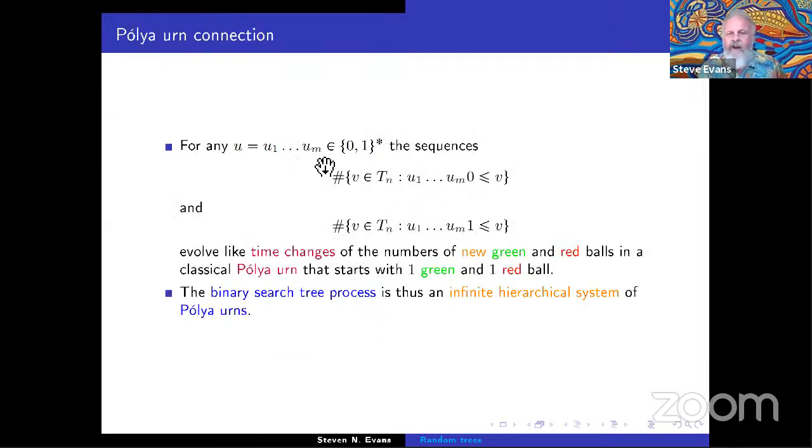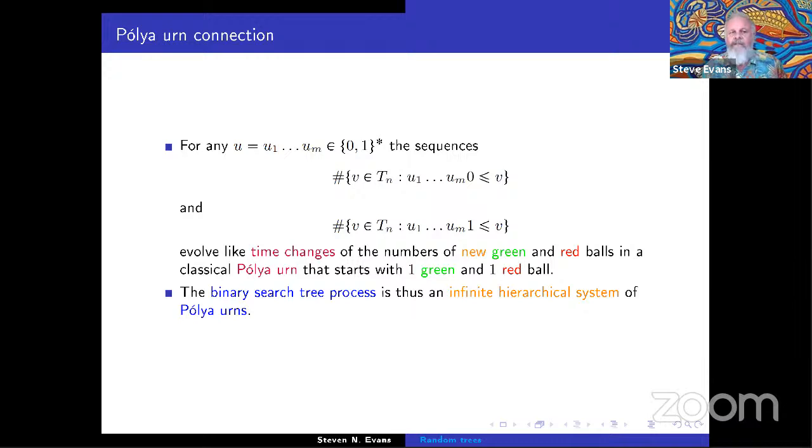So for any word V, if we count the number of vertices in the subtree below V to the left and below V to the right, they evolve like time changes of the numbers of new green and red balls in a classical Polya urn that starts with 1 green and 1 red ball.